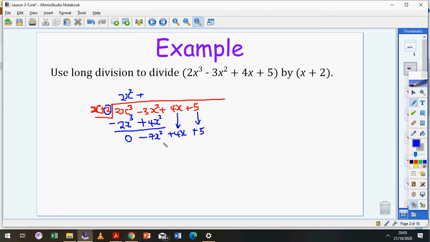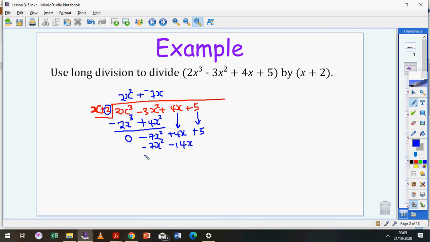So now negative 7x squared divided by x is going to give me a negative 7x. Then do the reverse. Negative 7x times x gives you negative 7x squared, and negative 7x times positive 2 gives you negative 14x.